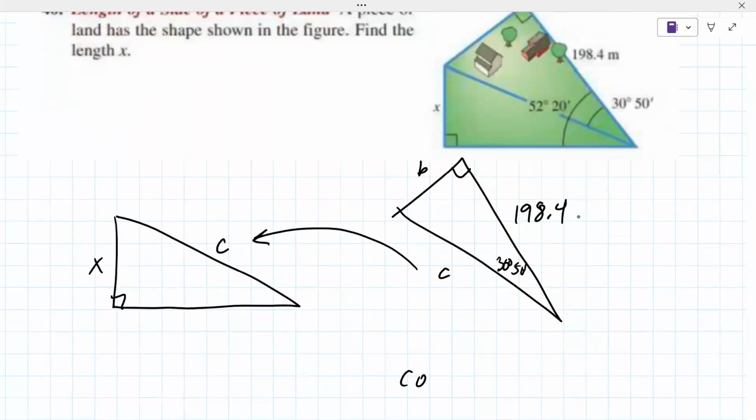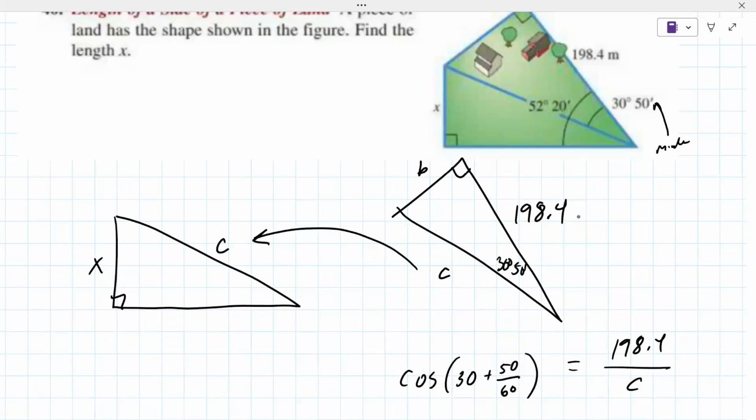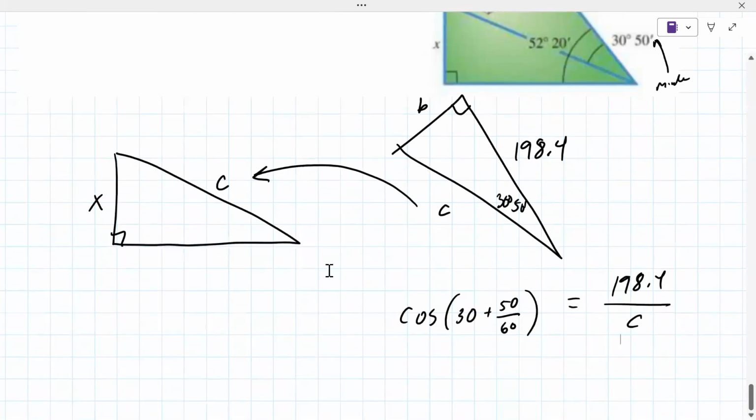So cosine of 30 plus 50 over 60, that's the conversion from the minutes to the decimal, equals 198.4 over C. So once we find C, we're going to use it to find X, but we're going to need some more information.